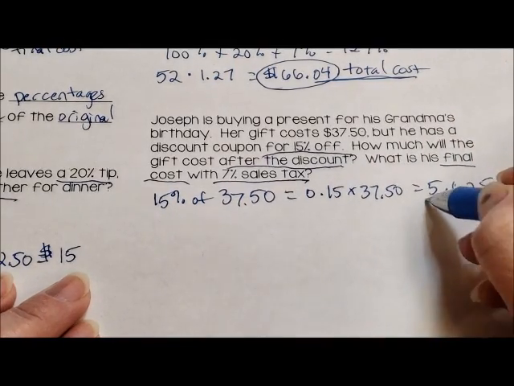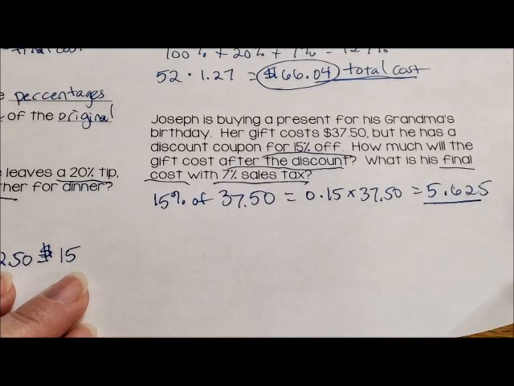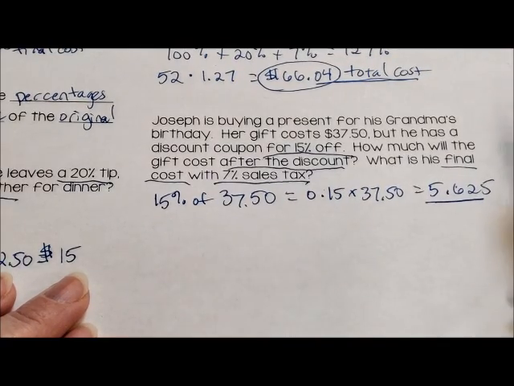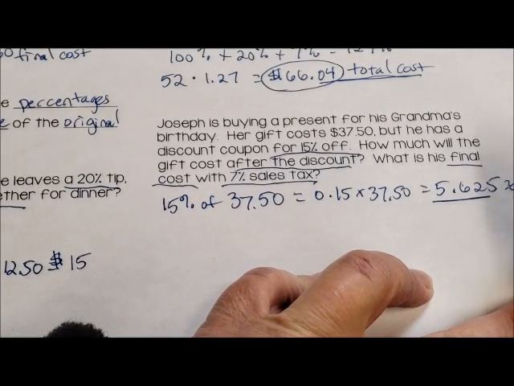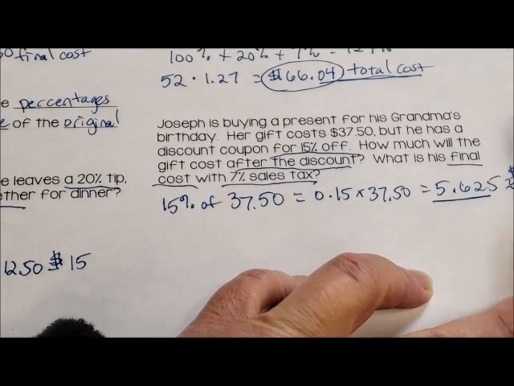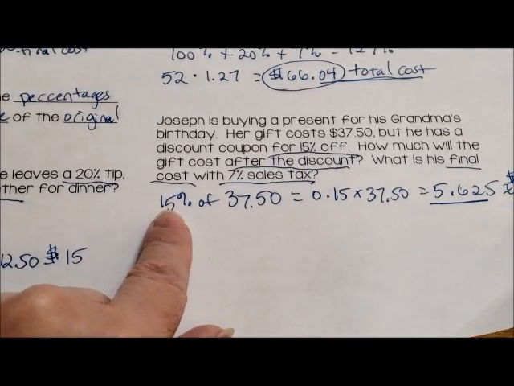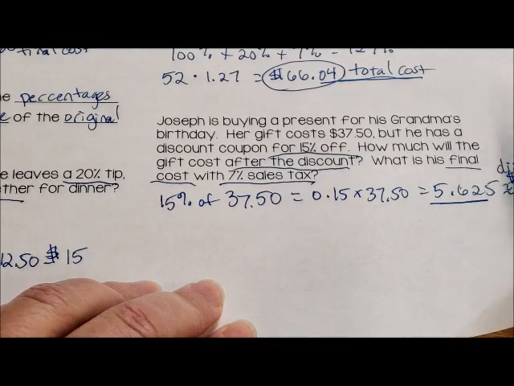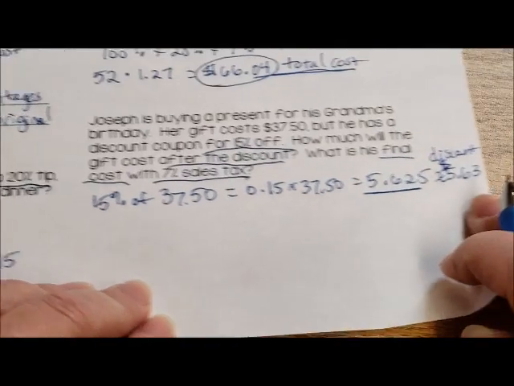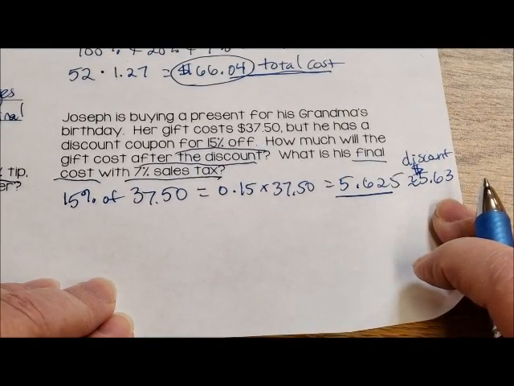Now our money only goes out to 2 decimal places, so I'm going to need to round this, and that's going to be then $5.63. Now that's not the sale price, that's the discount. So I'm going to label that. That's the discount. So I'm going to take this amount and I'm going to subtract it from the original price.